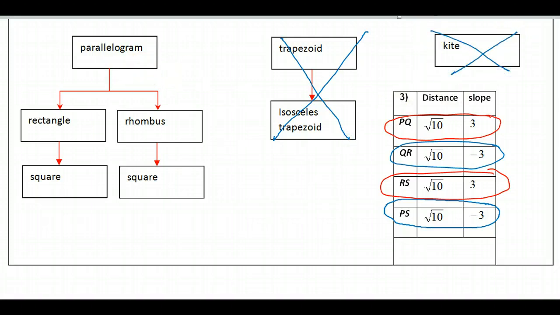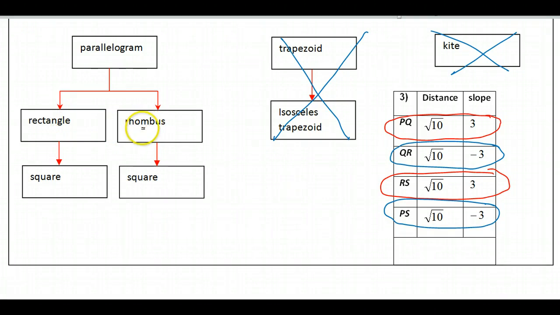All right, so the only question is, can we get more specific than that? Let me not erase yet. So it's a parallelogram, fine. But can I be more specific and call it a rectangle or a rhombus? Let's start with rhombus because that's the most obvious.